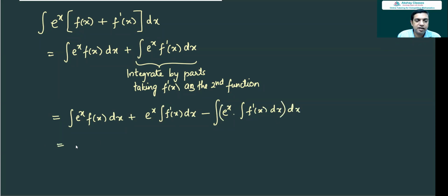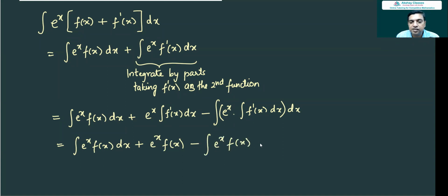So what do we get? Integral e power x f of x dx plus e power x, and integral of the derivative is the function itself, minus integral of e power x f of x dx. So the integral cancels itself. So we get this as e power x times f of x.